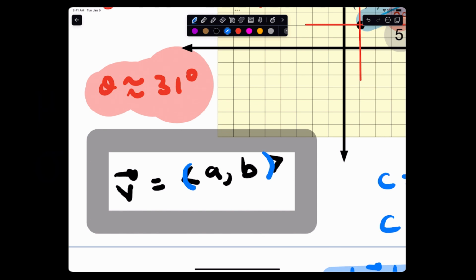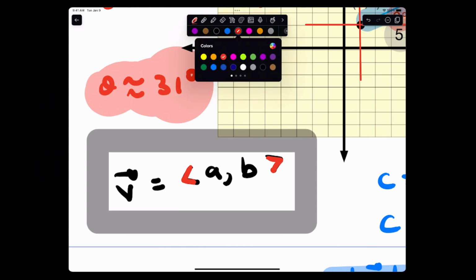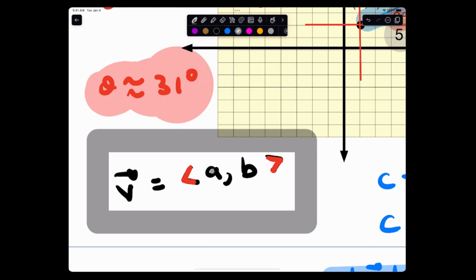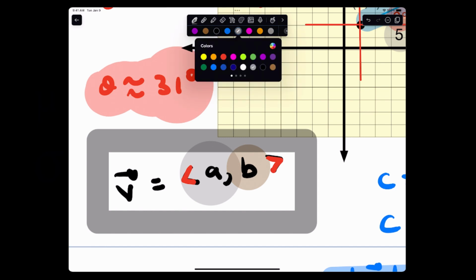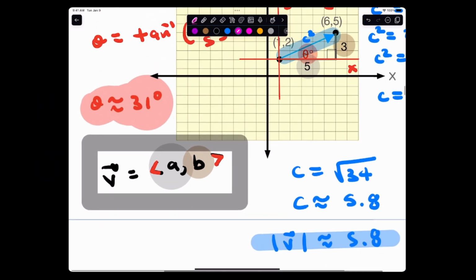So a parentheses represents a point. But these signs here, these like inequality signs, this really means a vector. This is now a vector in component form notation. So whenever you see that, what do you guys want to always know? This is the component form of what object? A vector.